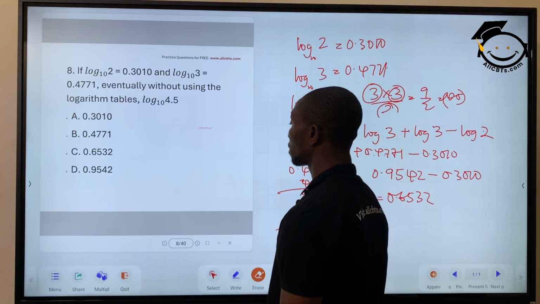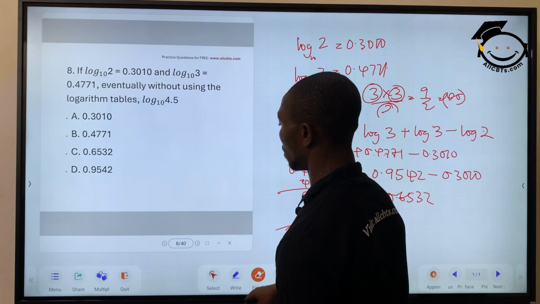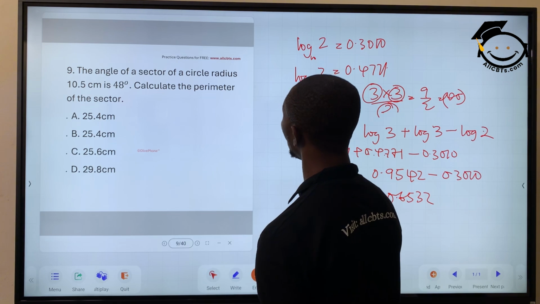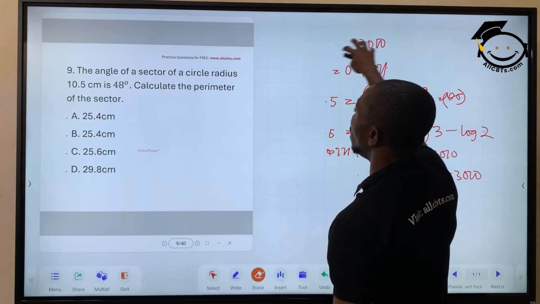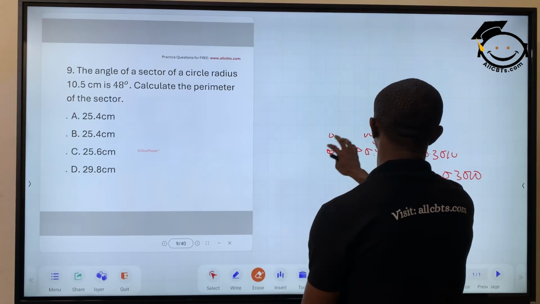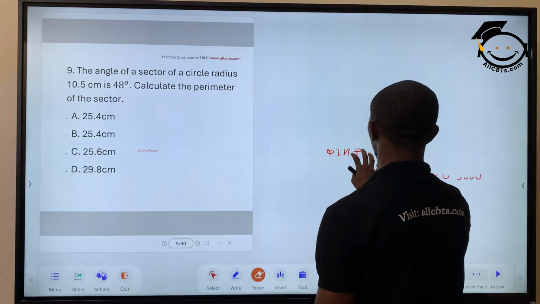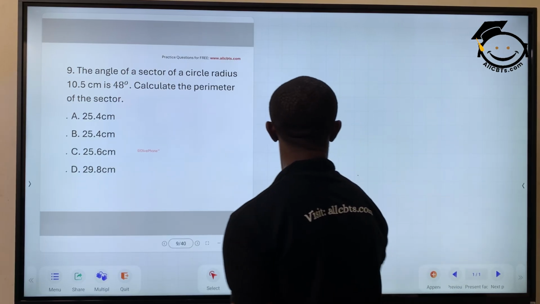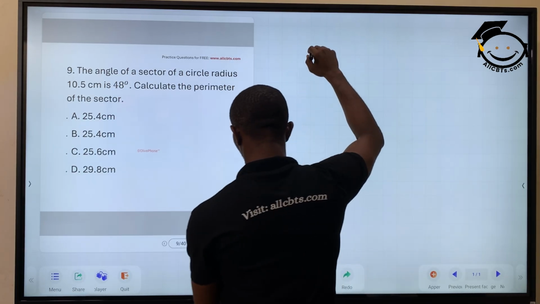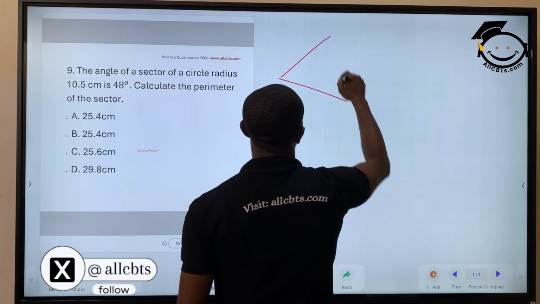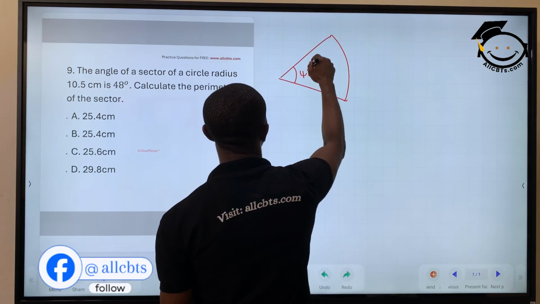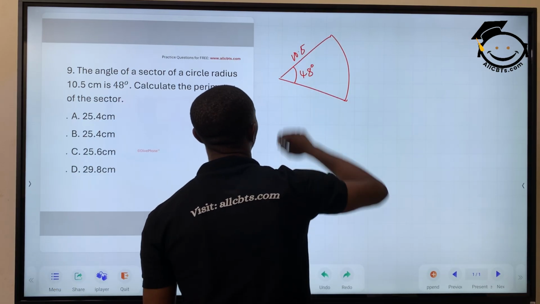Okay, next we have the angle of a sector of a circle of radius 10.5 is 48 degrees. Calculate the perimeter. So for us to calculate the perimeter, we'll first of all calculate the length of arc. All right, this is the sector, and they say there is 48 degrees, and this is 10.5 radius.